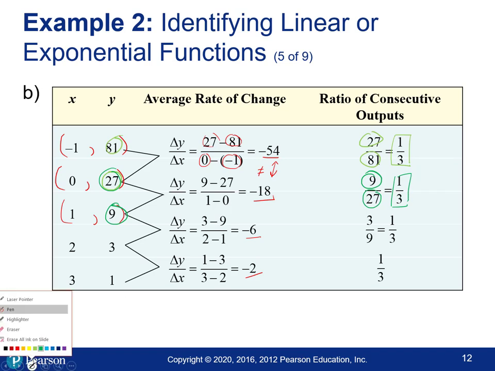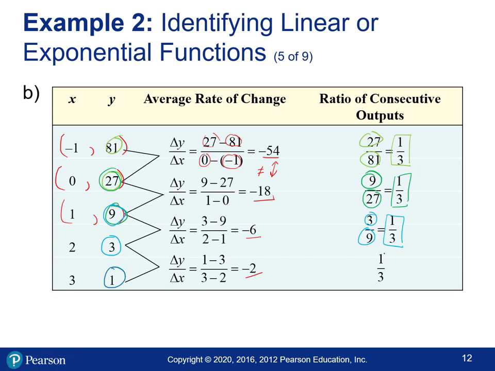And then we do want to check all of them, so we take the fourth output, divide it by the third output, we got the same ratio. Last one, from the given data, the fourth output divided by the previous one, and so on. Or I think that was the fifth output. And so we got 1/3 the whole time. So this is exponential.